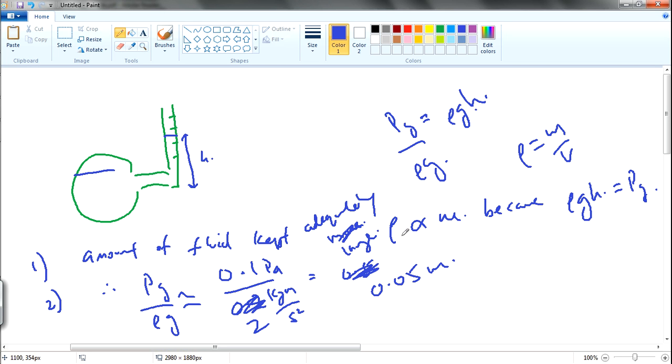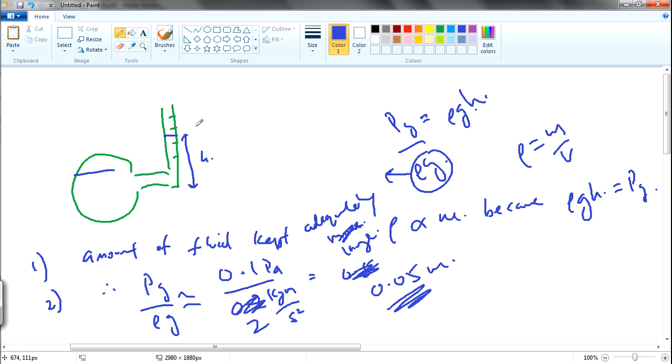Then you can have this denominator be large enough to make sure that even if the fluid pressure itself is large, if the density is much larger than the pressure, the h will be smaller. We want h to be smaller so that the gauge can work for many types of fluids.